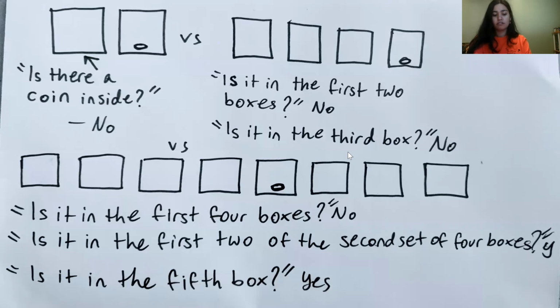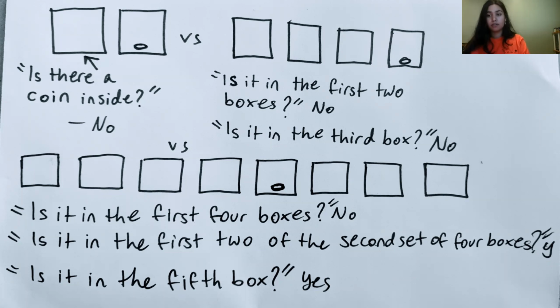So the number of boxes is equal to 2 to the power of the number of questions, but it's easier to write it as log base 2 of the number of boxes equals the number of questions. But this, keep in mind, is only true if all of the boxes have an equal probability of containing the coin.